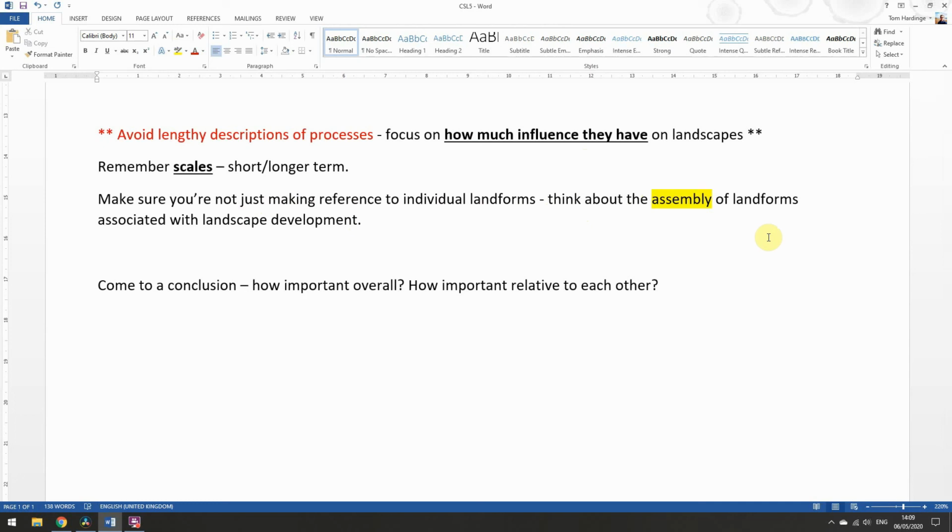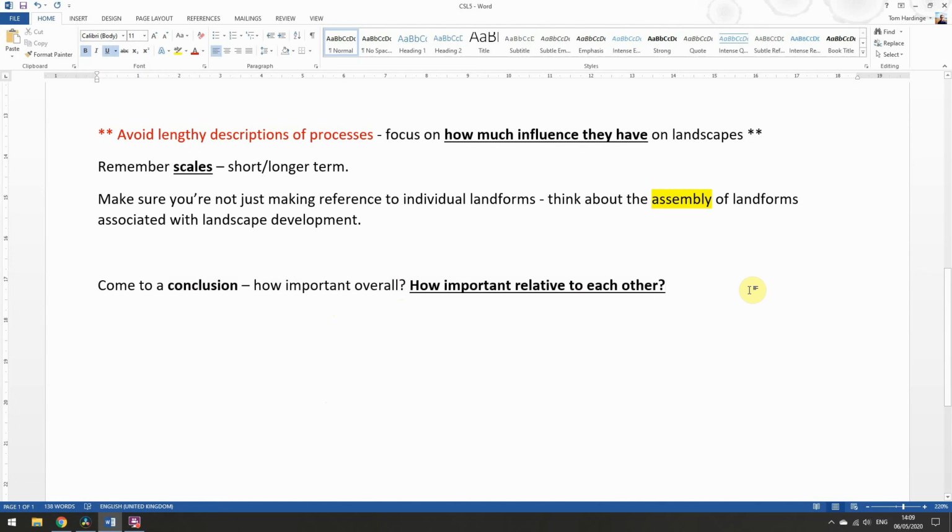Very important that you come to a conclusion at the end, so you want to make sure that you are explaining your ideas as you go along, building towards that conclusion, but really importantly at the end, making it very, very clear how important you think those processes are in relation to one another. And as I've said already, there isn't necessarily a right or wrong answer to that.